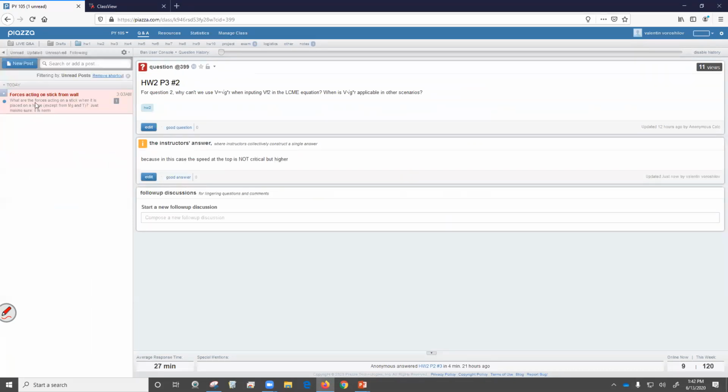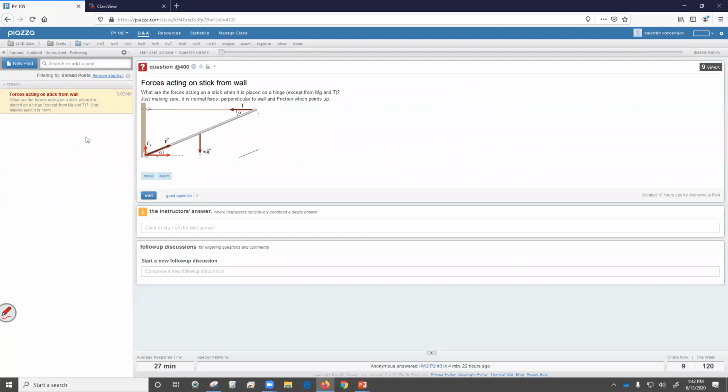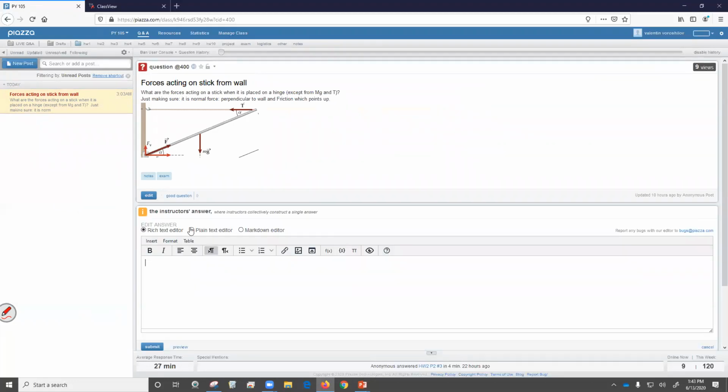All right, what's next? Forces. That's a cool problem. On a stick from wall. What's the question? It's not always the case. Maybe in this problem it is the case. But in general, this may not be the case.